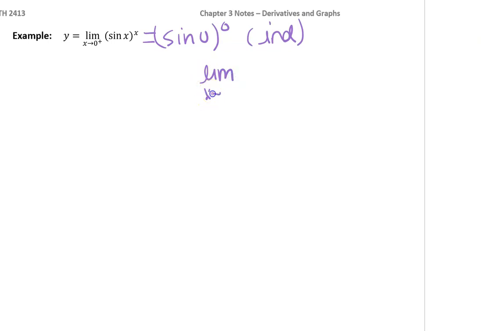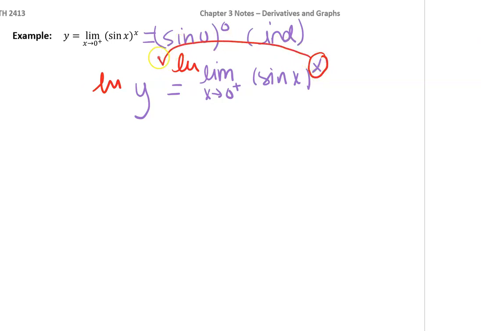I'm going to take the limit as x approaches 0 from the right of sine x to the x, and I'm going to say it equal to y. And so in this problem, I'm going to go ahead and ln both sides because that's really the process that's going to help me to move this variable. I'm also going to move this variable out front, similar to the previous one.